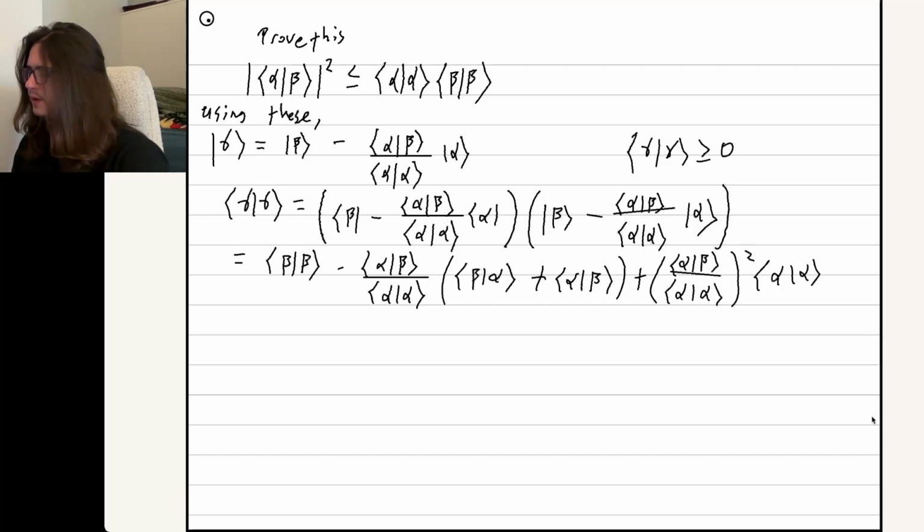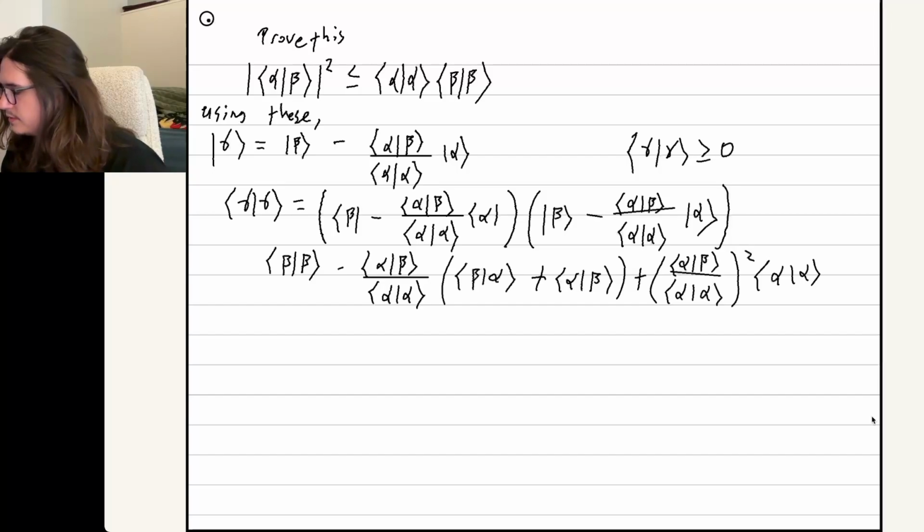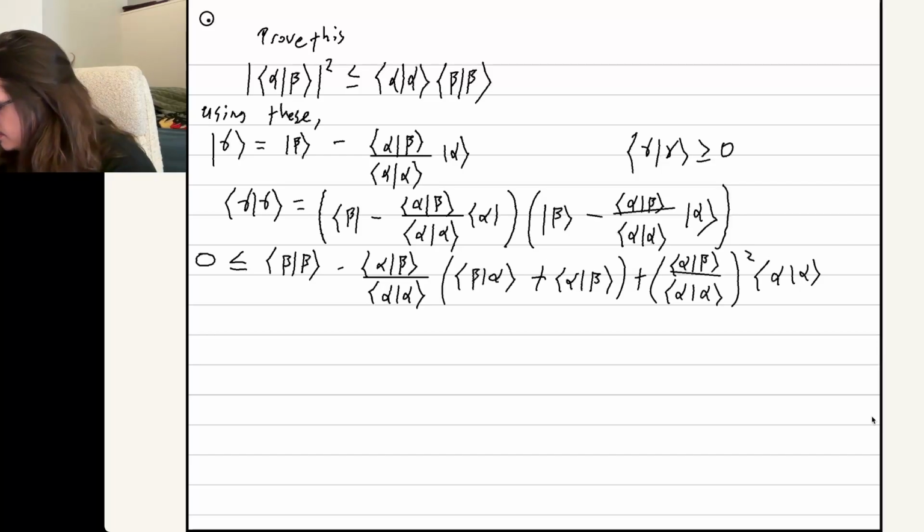Right. Okay. And the left-hand side, since it's just the inner product of gamma with itself, turns into greater than or equal to 0. Okay.